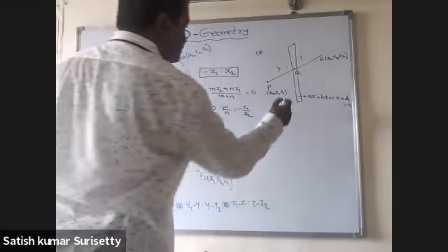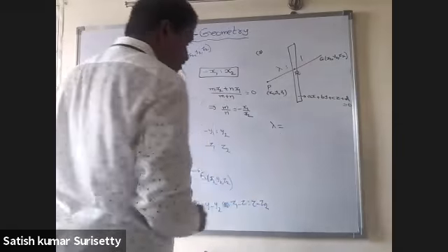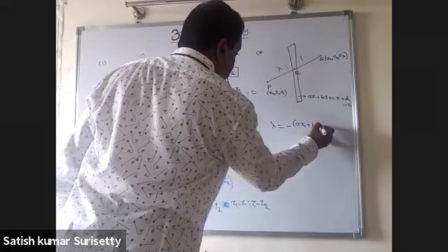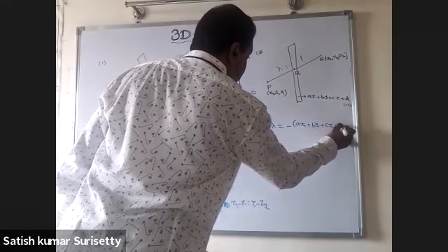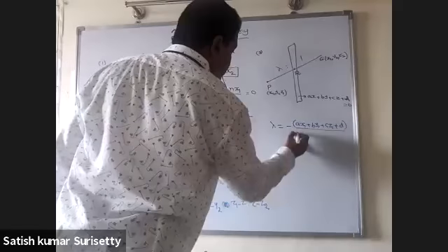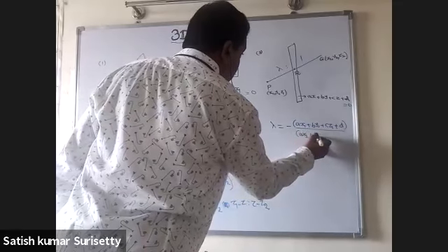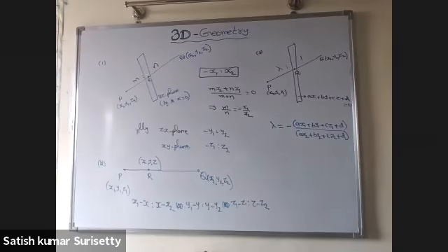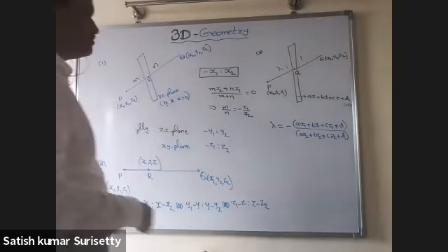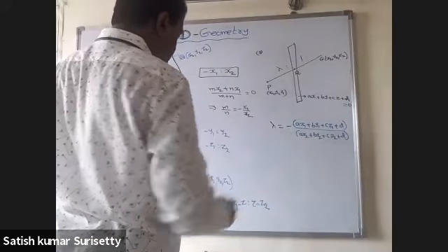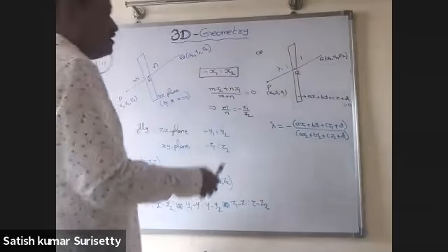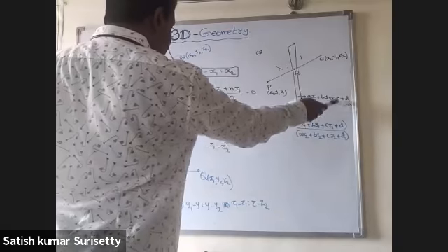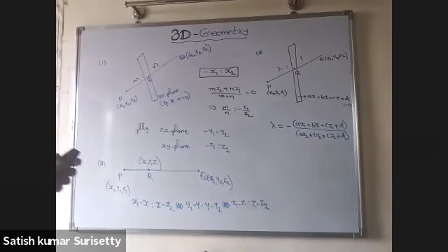Then lambda equals minus of ax1 plus by1 plus cz1 plus d upon ax2 plus by2 plus cz2 plus d. Try to prove this using internal point of division. So you can write the coordinates of R in terms of lambda and substitute in the equation of the plane and simplify. Then you will get lambda is to 1.